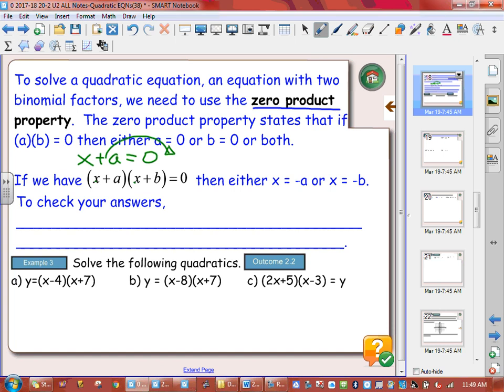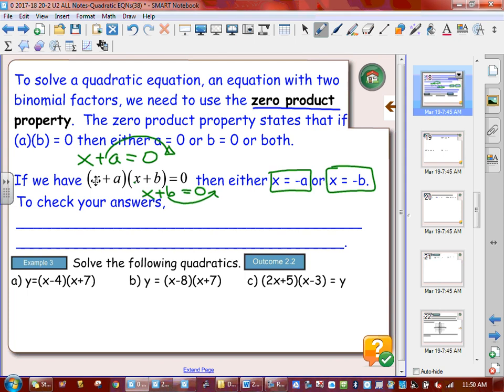That's how they got this: x equals negative a. Over here, same thing. x plus b equals 0, and literally solve the equation. Move the b over, so it becomes a negative b. So this is our generic way of showing how the process works, and it's called the zero product property. Something has to multiply to give you a 0.